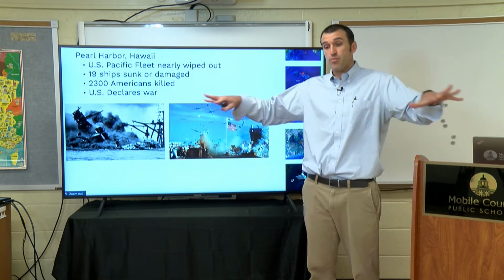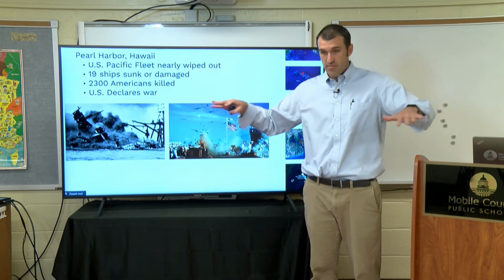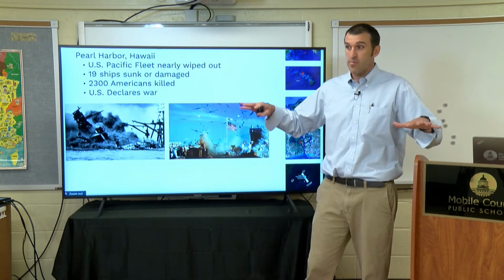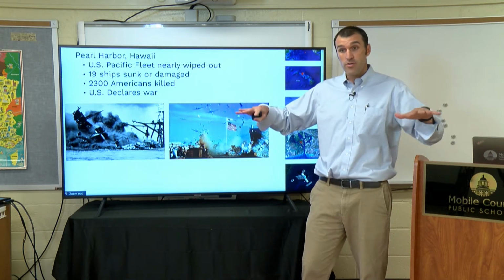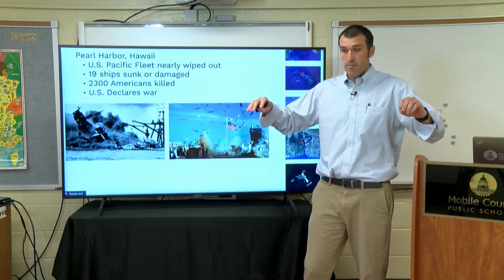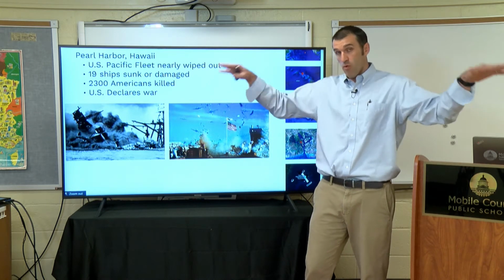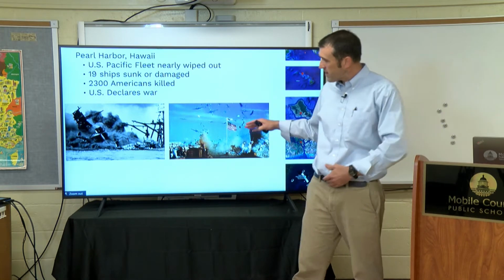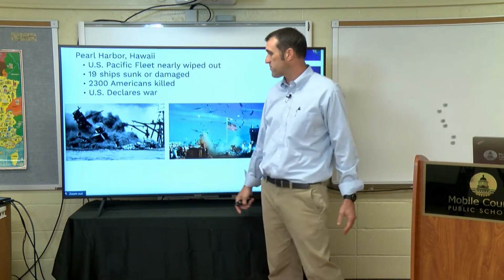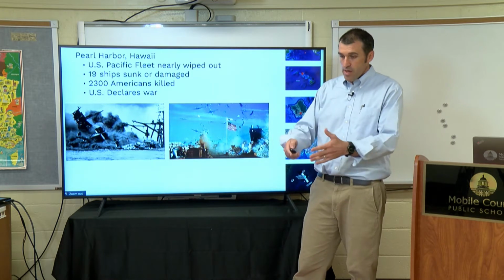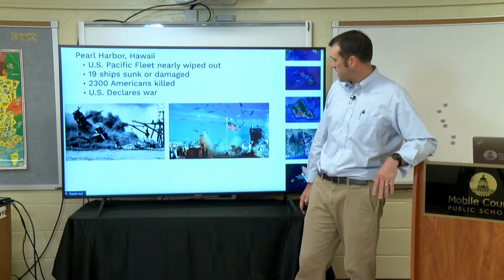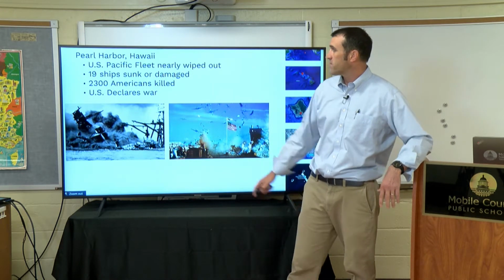Or I could spread them out over the Pacific at different islands. It'd be harder to defend, but also harder to take out the whole fleet. Well, the U.S. had the majority of their Pacific fleet there, thinking that they could be more easily protected at Pearl Harbor, Hawaii.